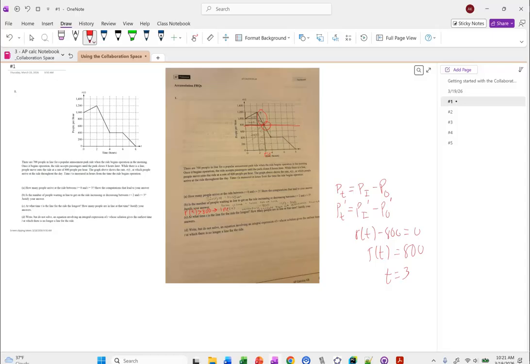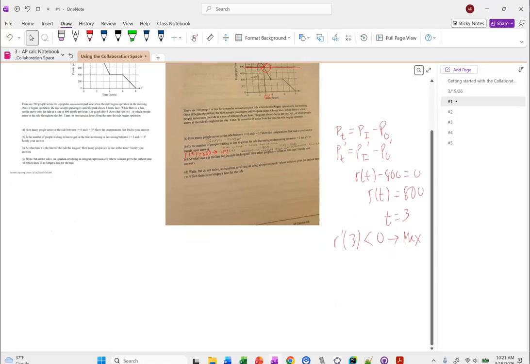So I would do a quick second derivative test here to check. I can see pretty quickly that the derivative of r of t is negative. So that means that t equals 3 is where the maximum occurs.